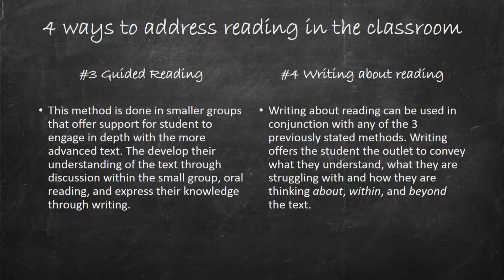This can be used in conjunction with any of the 3 previous methods. Writing offers the students an outlet to convey what they understand, what they are struggling with, and how they are thinking within and beyond the text.